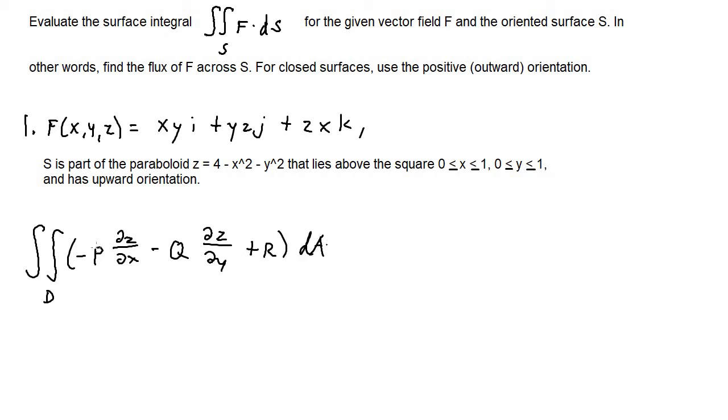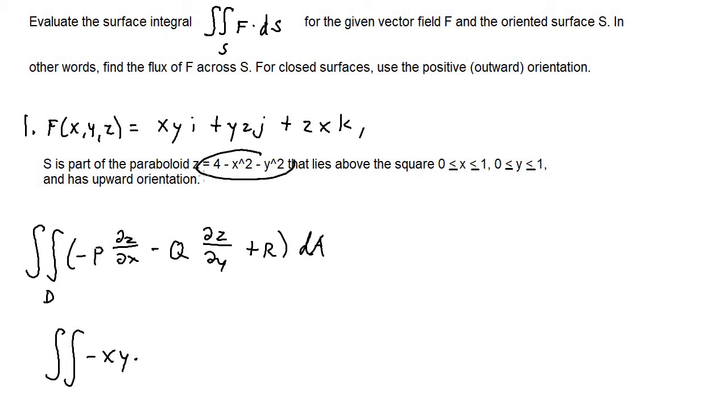Once again, P is the x component of the vector field, so that's x times y. Q is the y component, and R is just the z component of the vector field. So let's rewrite this formula. We have the double integral of negative P. Now P is once again x times y, so negative x times y times the partial derivative of z with respect to x.